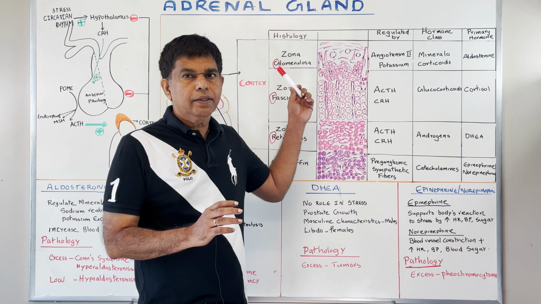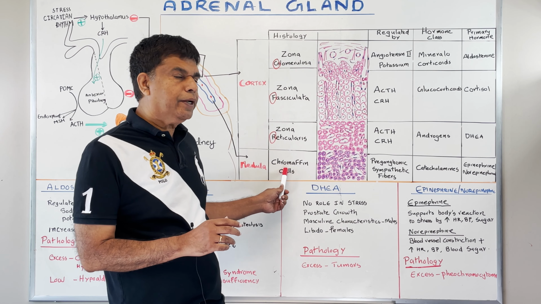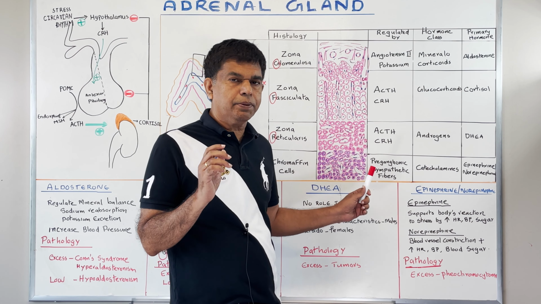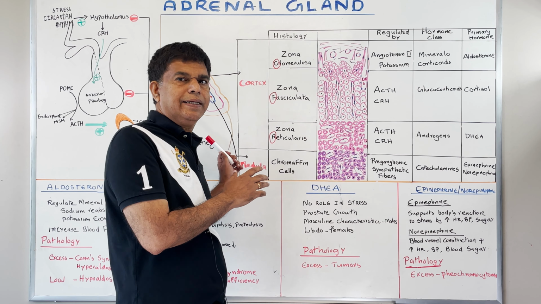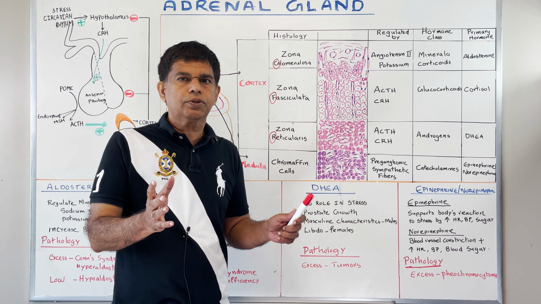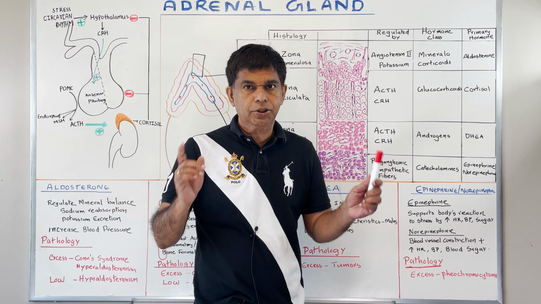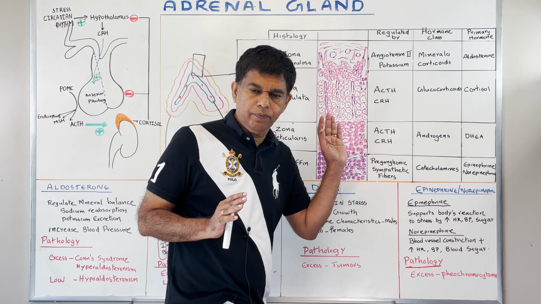All the others are stimulated by ACTH, but this is coming from the brain. You have the preganglionic sympathetic fibers from the spinal cord connected to the adrenal medulla directly. All the other things are hormones working through the blood, right? Just remember that.